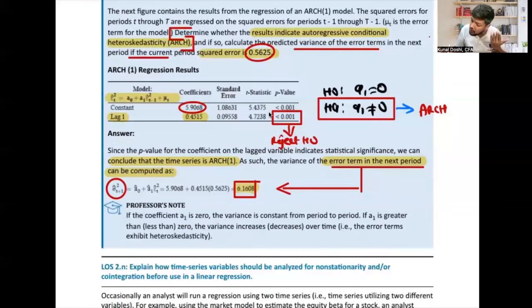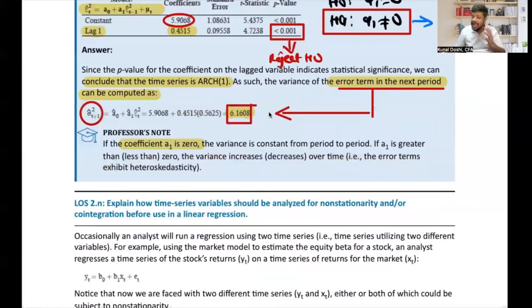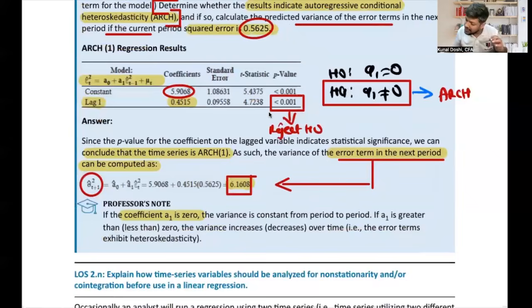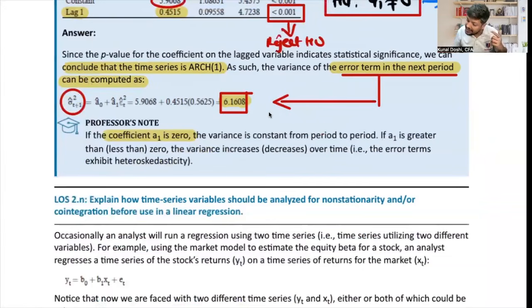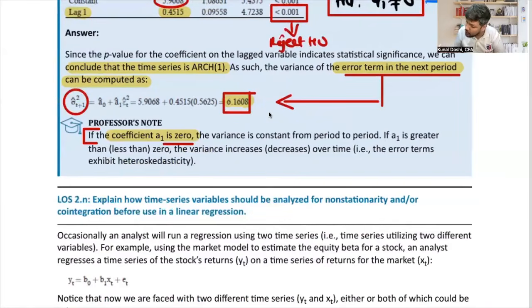Here they said if the coefficient is equal to 0, it means there was no ARCH in it, right? So the variance is constant. If a1 was equal to 0, then the variance was supposed to be constant, which means there was no heteroskedasticity, or no conditional heteroskedasticity.